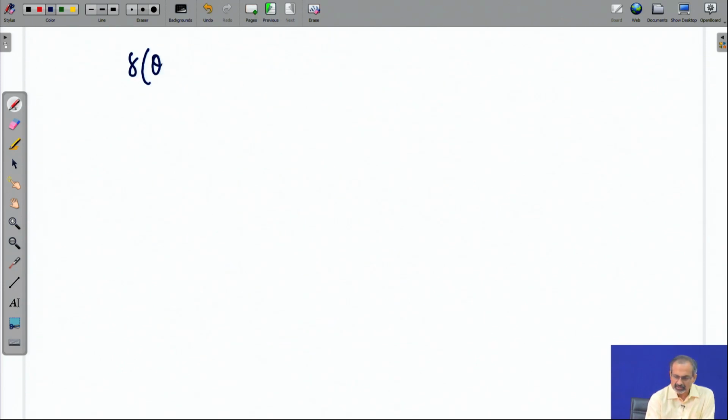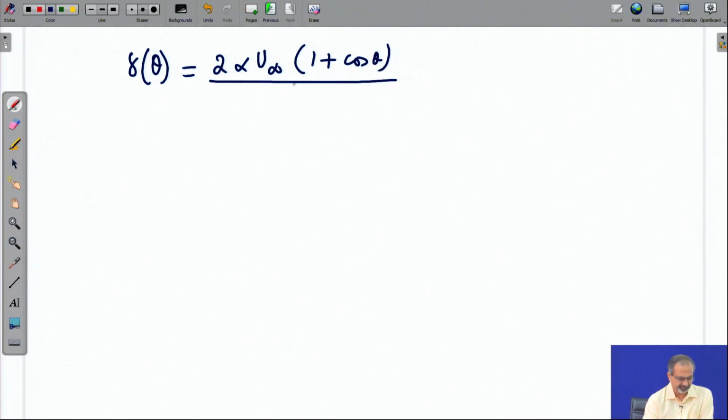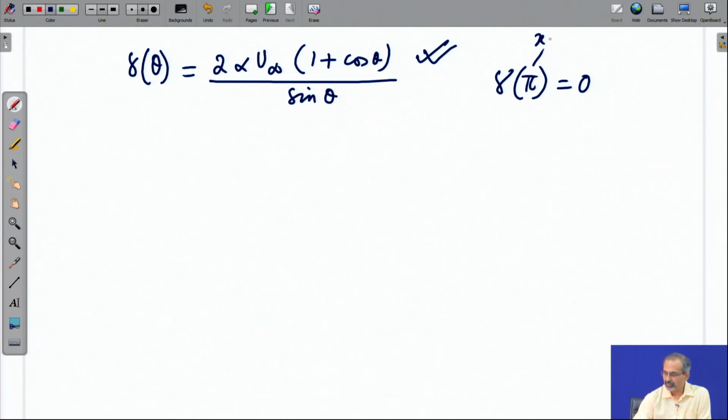We are not going into the details of the solution, but we are going to the final result, which says that gamma theta happens to be this. This is the final distribution of gamma, and incidentally, it also satisfies the condition that gamma at the trailing edge, that means x equal to c corresponds to theta equal to pi, is also equal to 0.